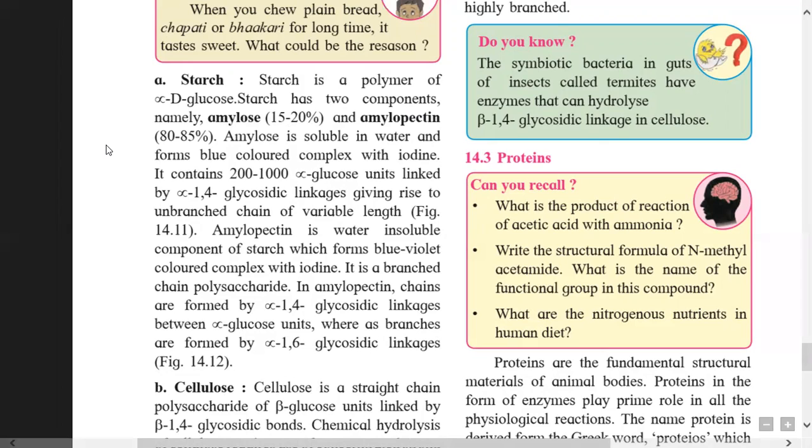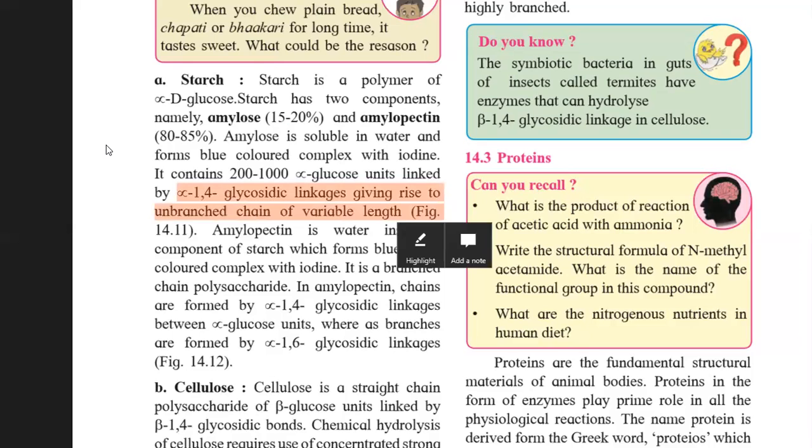It contains 200 to 1000 alpha glucose units linked by alpha 1,4 glycosidic linkage, and gives an unbranched chain of variable length, and this is given in figure 14.1.